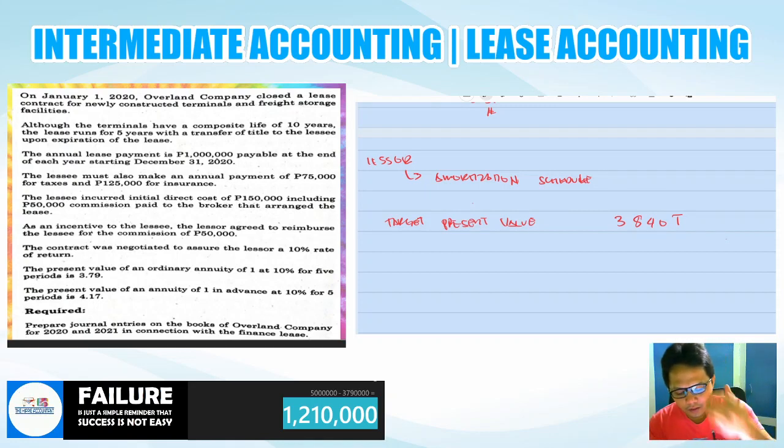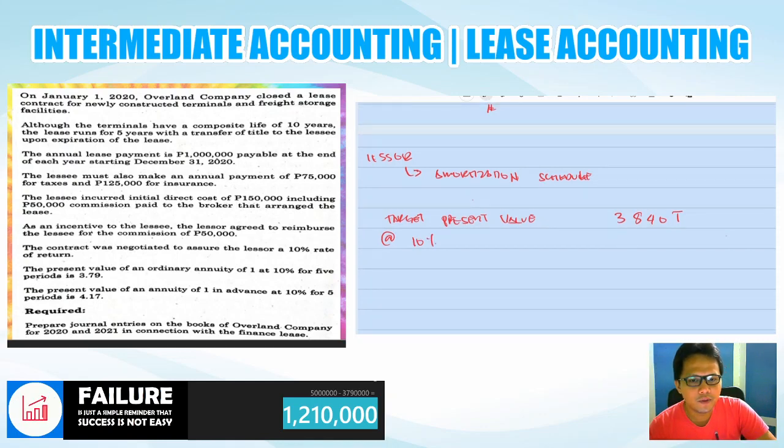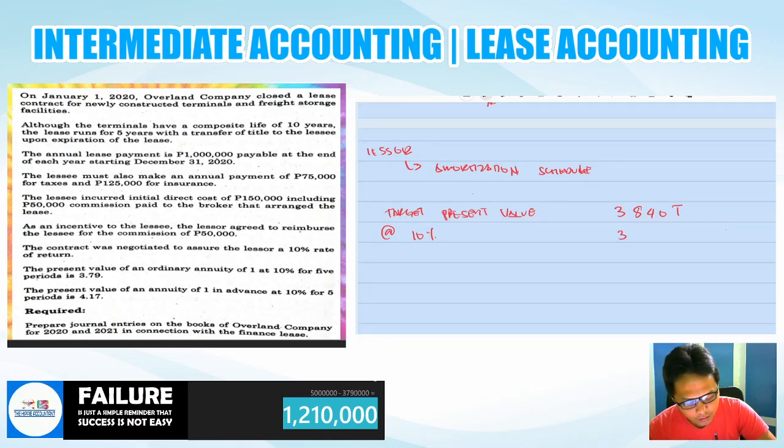We already know that at 10%, okay, present value of an ordinary annuity at 10% for 5 periods, it was 3,790,000. So ngayon, we will apply trial and error.